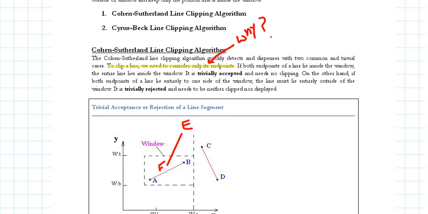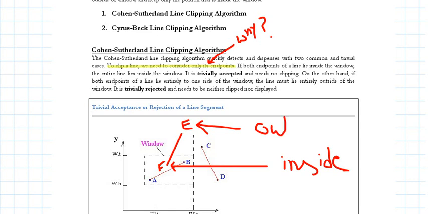If you look at the point F, it is lying inside your viewing window. And if you look at the point E, it is outside the viewing window. So, the point F is inside and point E is outside.